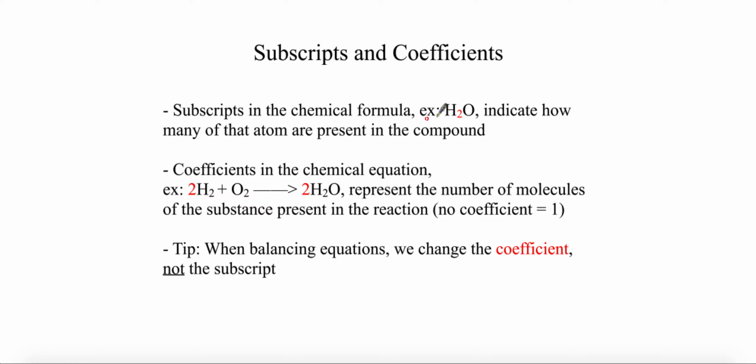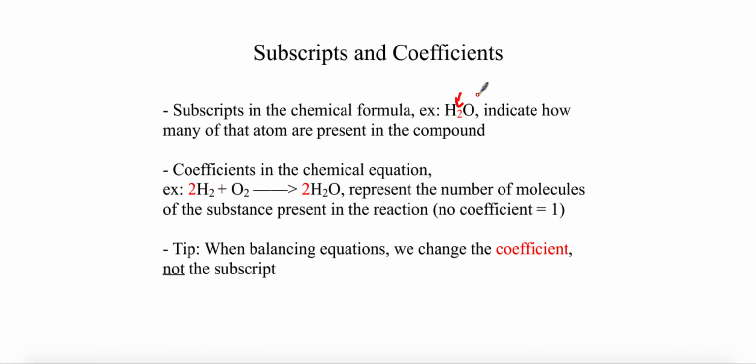If we take a look at water, H2O, the small little 2 tells me that I've got 2 hydrogen atoms present in a molecule of water. No subscript implies 1, so I have 1 atom of oxygen. So in one water molecule, there are 2 hydrogen atoms and 1 oxygen atom, and that's what the subscript tells me.